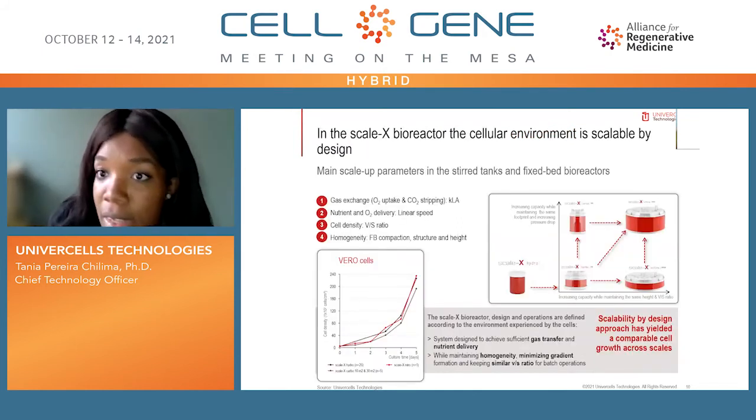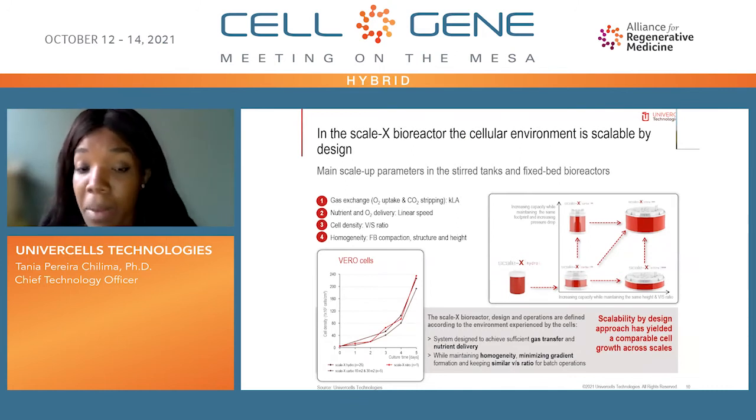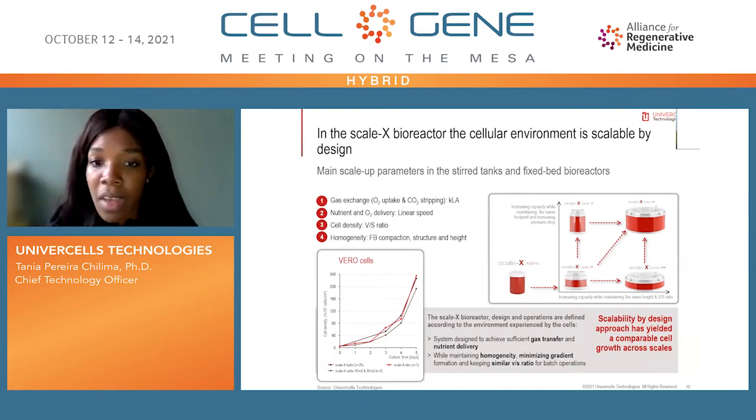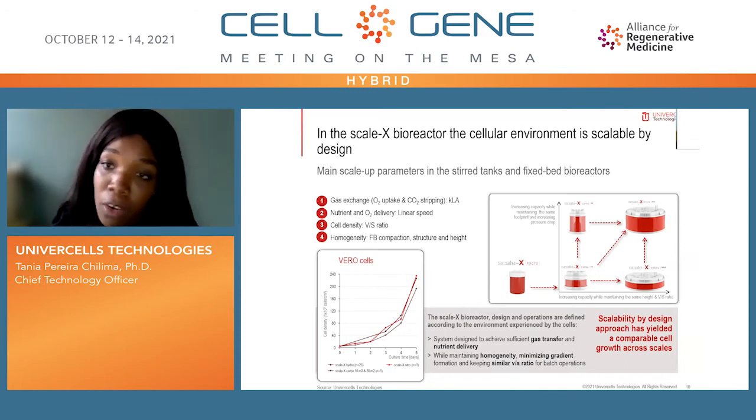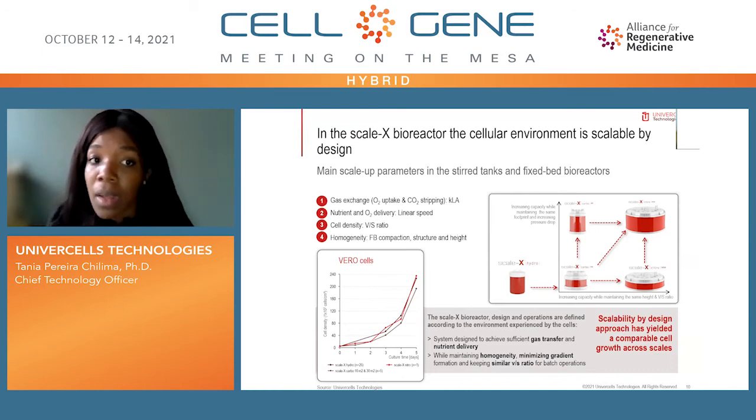So on scalability, the ScaleX system is scalable by design. We designed it thinking about the environment the cells are experiencing and to maintain those across scales. So keeping the same gas exchange dynamics, so KLA and CO2 stripping, the same linear speeds for nutrient delivery, the same cell to volume, the same volume to surface ratio.